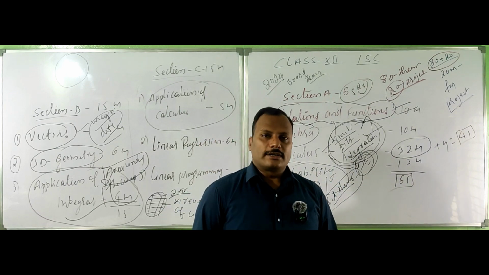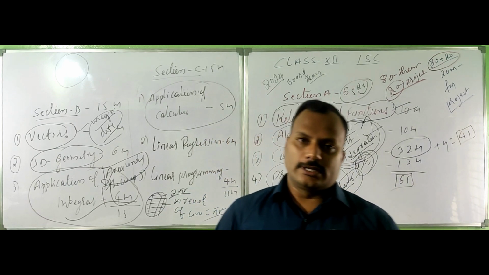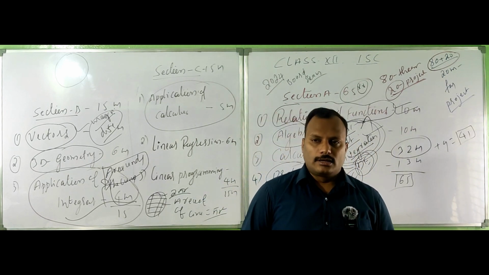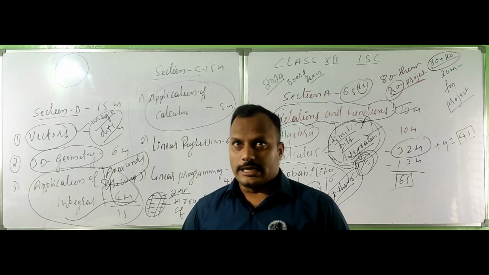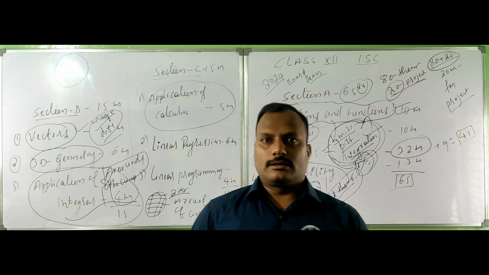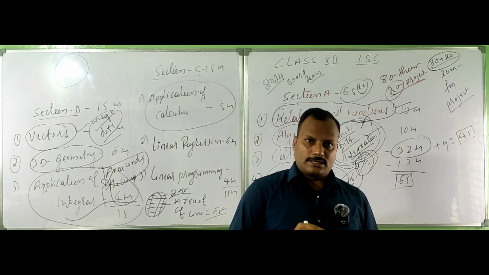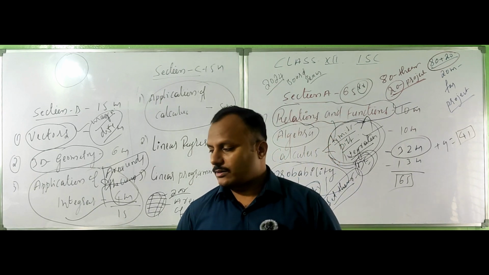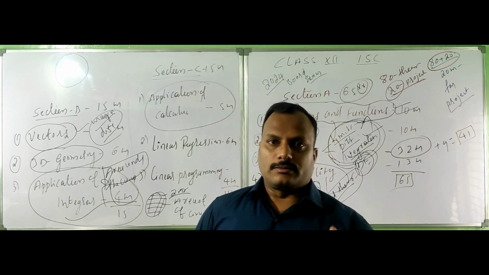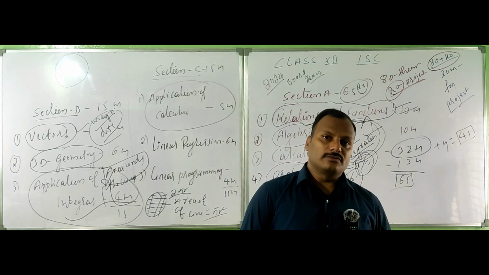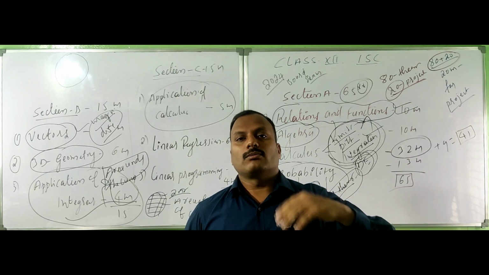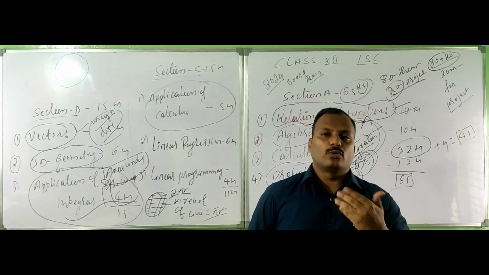Comparatively, for CBSE and ICSE, this is the next level, meaning advanced level. If a student is studying in ninth CBSE, the same ninth standard in ICSE has the tenth syllabus: trigonometry, triangles, some commercial mathematics, and algebra. The syllabus is the same, but the questions are more complex and you have to solve more exercises.